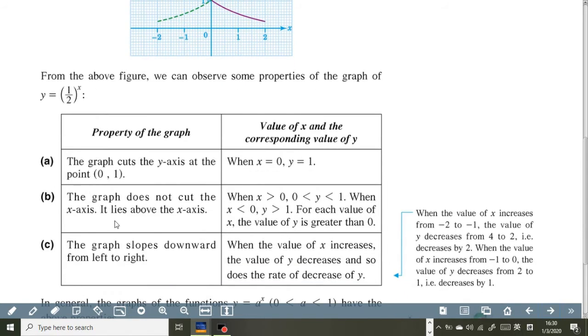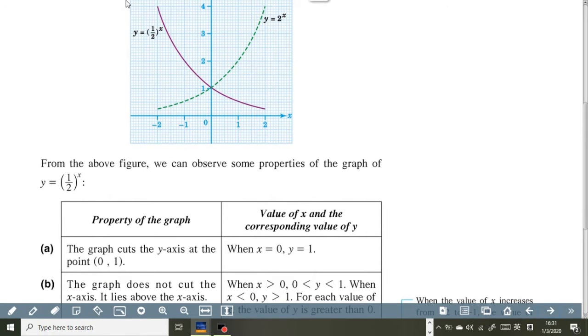But the description for this one, when the base a is less than 1 and greater than 0, is that the graph slopes downward from left to right. Because you see that this one decreases here, and then the rate goes from here, and then here, and then here.